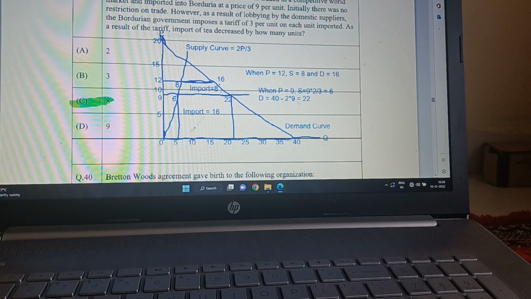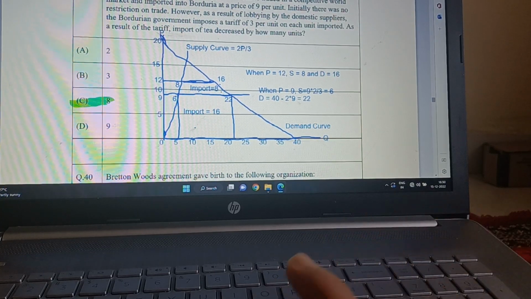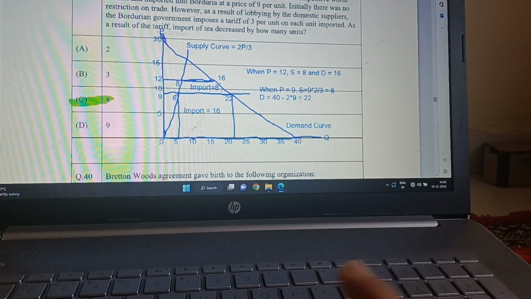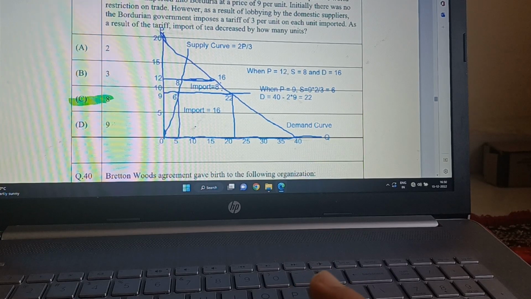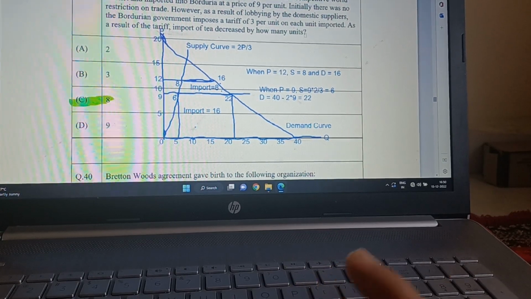So initially there was no restriction on trade. However, as a result of lobbying by the domestic suppliers, the Bordurian government imposed a tariff of 3 per unit on each unit imported. As a result of the tariff, import of tea decreased by how many units?